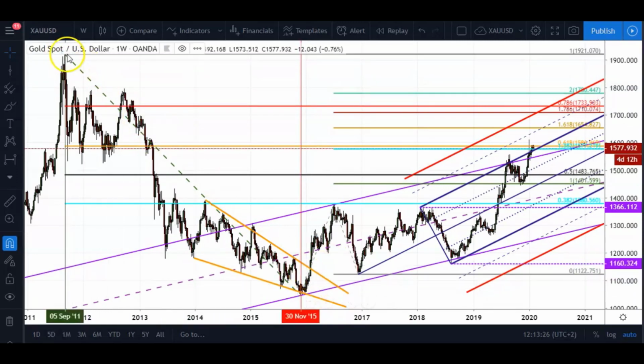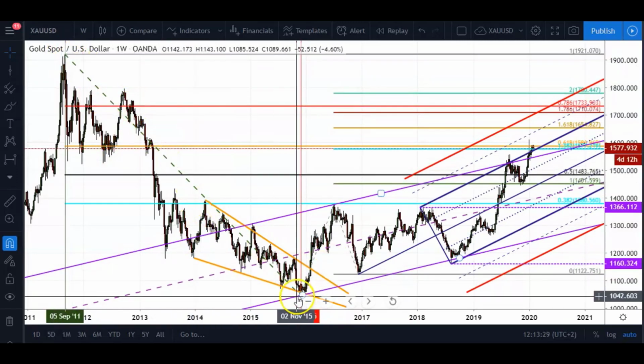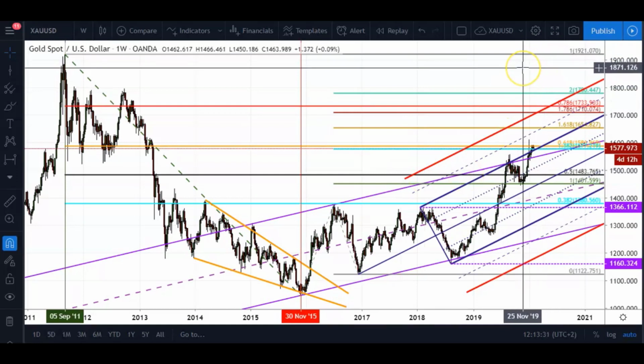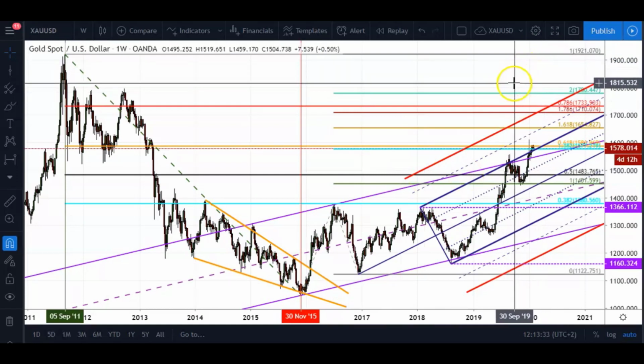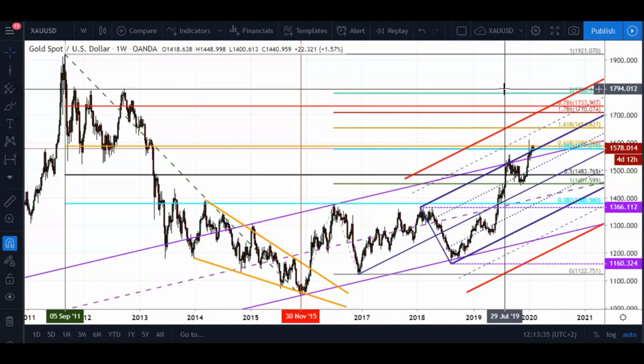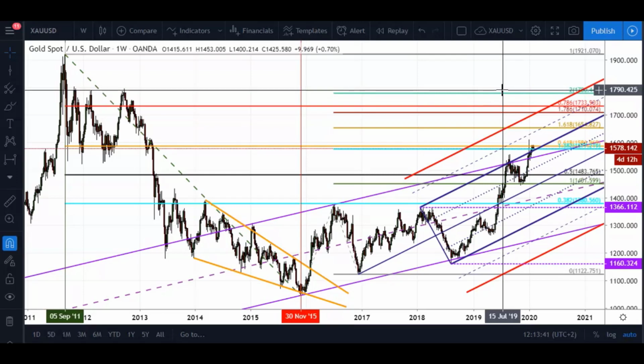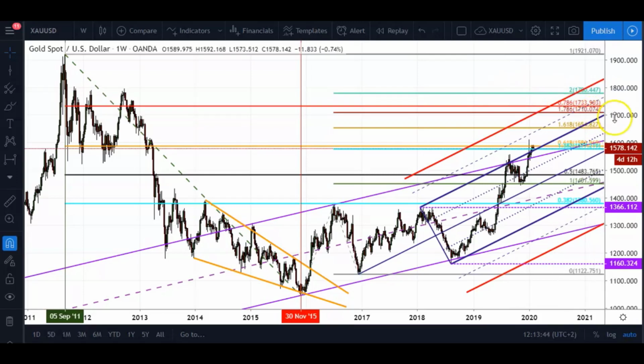So whether we had some sort of correction lower with price now moving to all new time highs, that will just be too early to say from my point of view. My long-term bias is still bullish. I just have to be aware that we are at strong resistance levels and that we could expect a reversal lower, probably just a corrective structure with price then eventually moving higher.